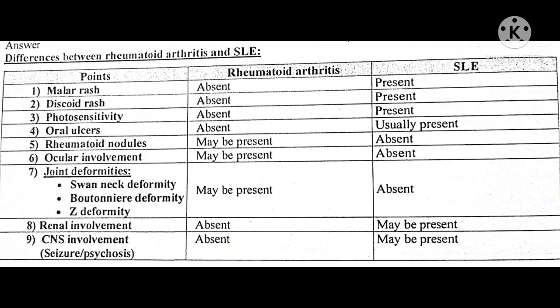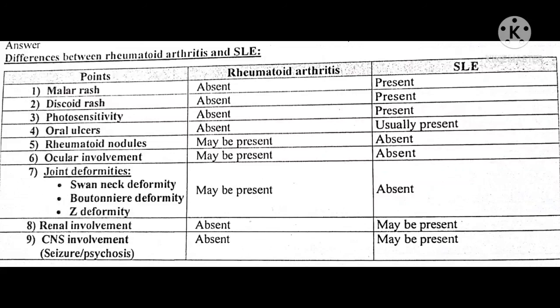What is the difference between rheumatoid arthritis and SLE? In SLE, malar rash, discoid rash, and photosensitivity are present, but in rheumatoid arthritis, this malar rash, discoid rash, and photosensitivity are absent.